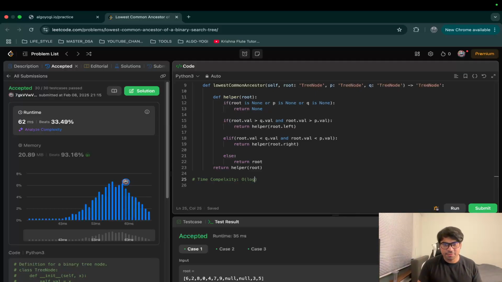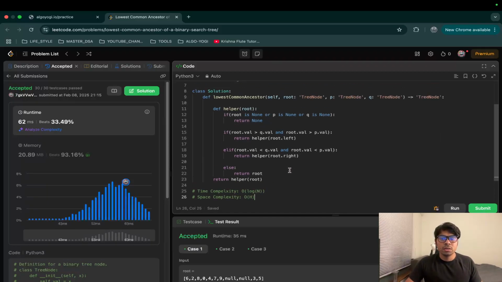That will be log of n, because we're either returning, or we are pruning half of the subtree. And then space complexity would be big O of h, which is height, which could also be big O of log n in the worst case. Let's just call it h for now.